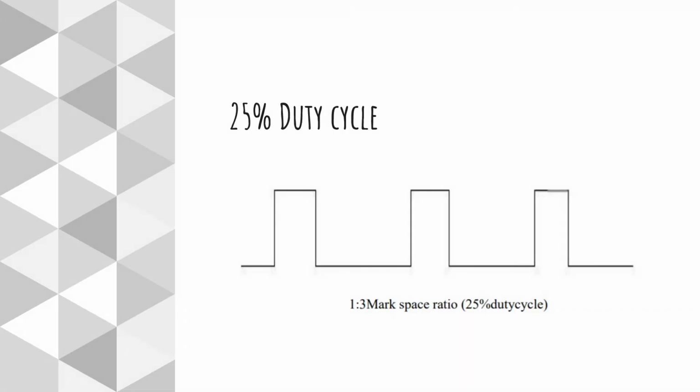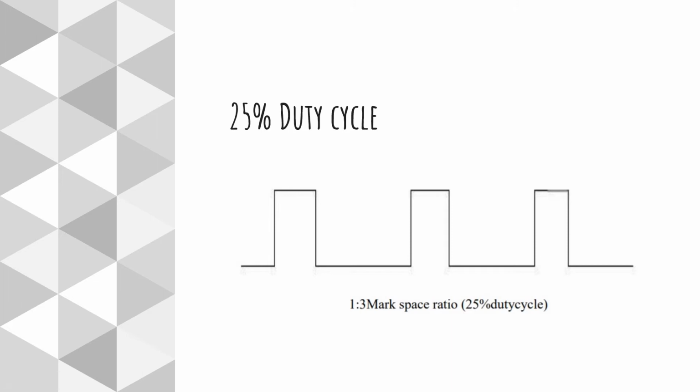In this waveform, the signal has a mark space ratio of 1:3, giving an output signal that is 12 volts for just 25% of the time. The average output voltage of this signal is 3 volts, so the motor runs at 1/4th of its maximum speed.